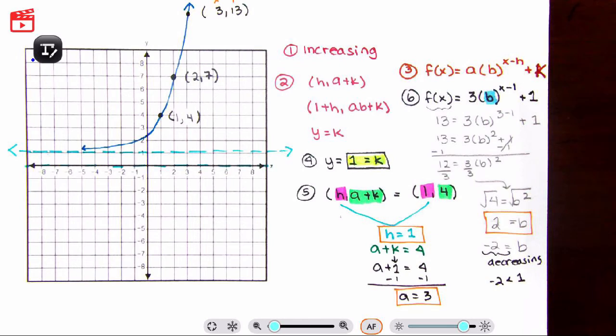So step number 1, we determined if it was increasing or decreasing. Step number 2 is writing out the formulas for the points. Step number 3 is write out the actual formula for the equation.